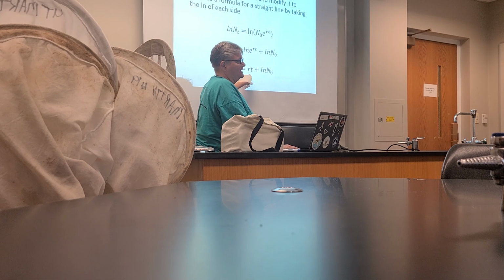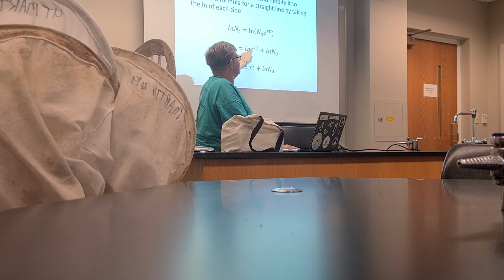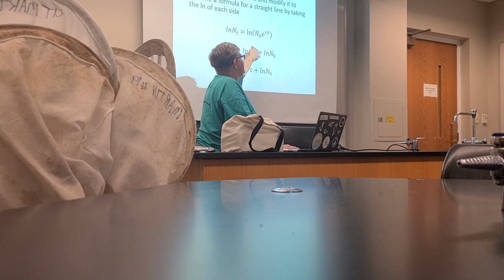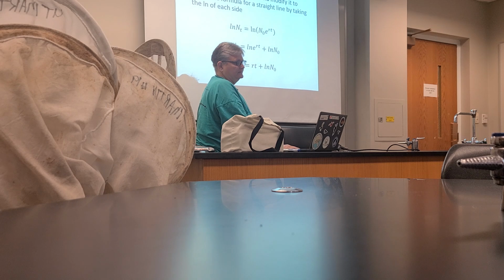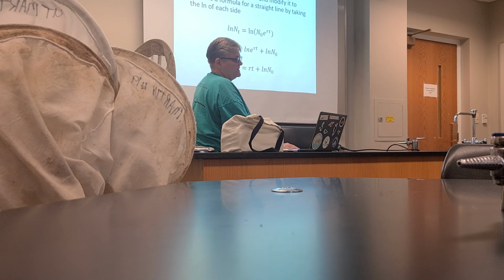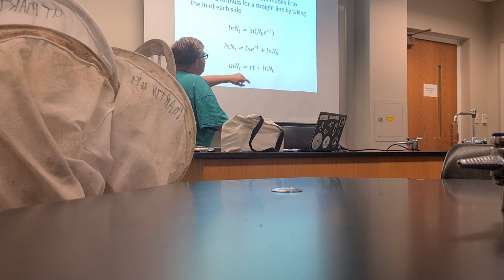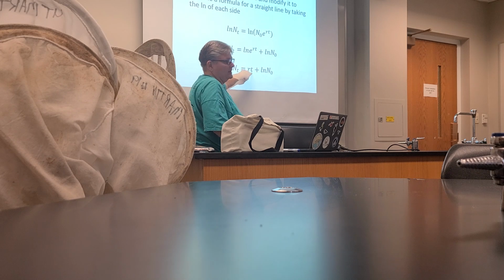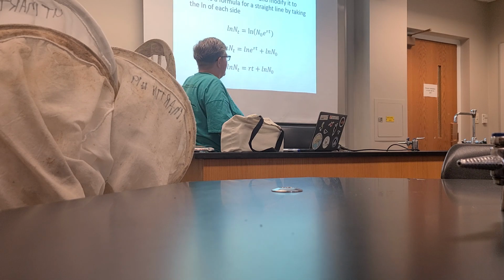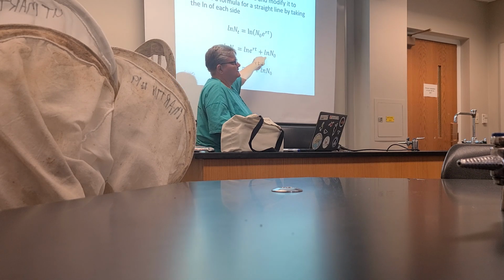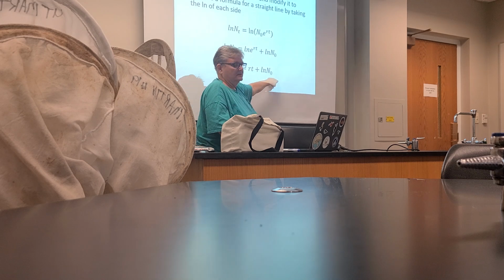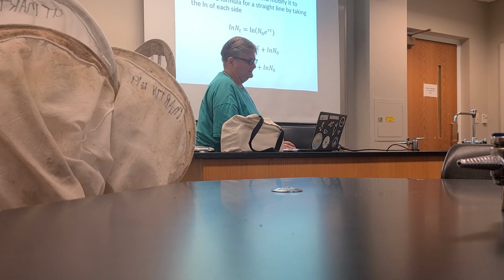We don't have to do anything fancy. Don't have to poke anything into the calculator. But we have to take the natural log of everything, and so we end up with this formula right here. So this is the other working formula we're going to use. And we're going to see that on the next slide.